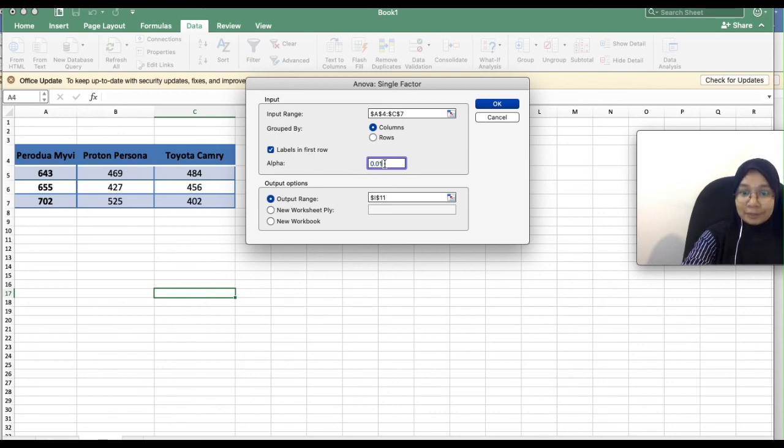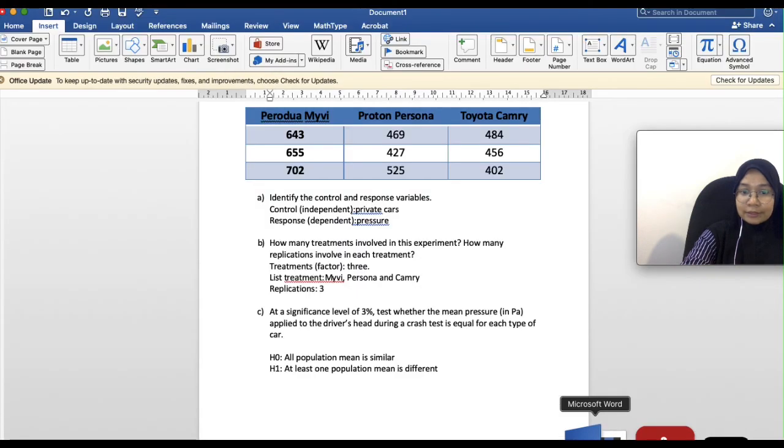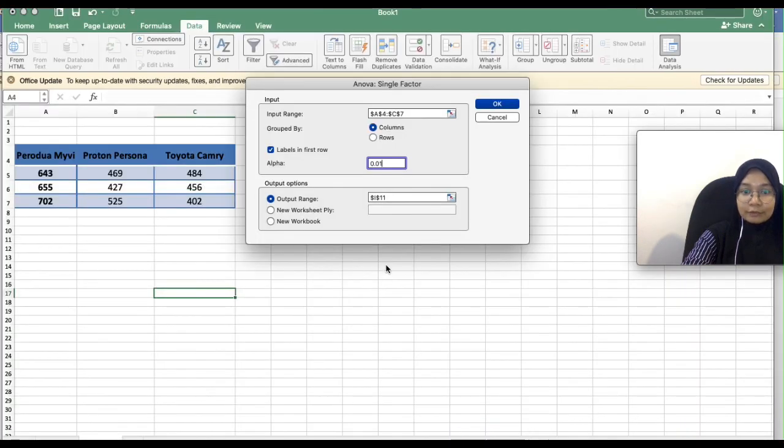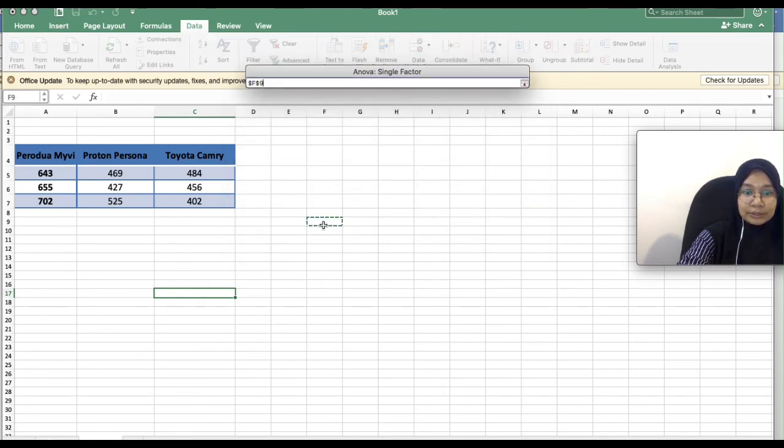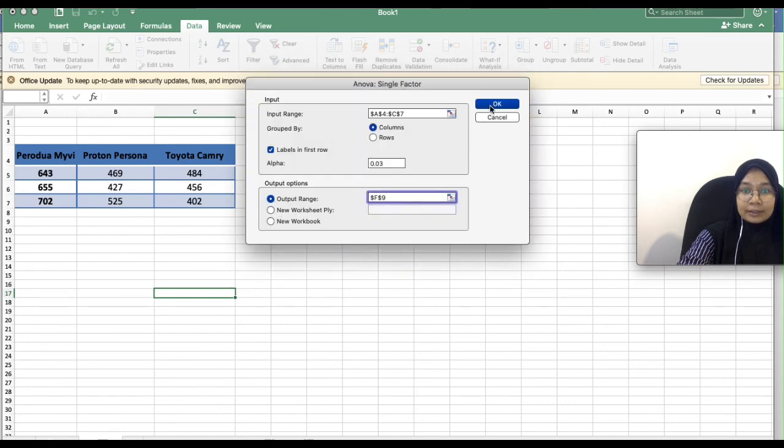Alpha, how many percent just now? Alpha is 3%. So alpha here is 0.03, and then for the output range, I want my output to be here, and then click OK.